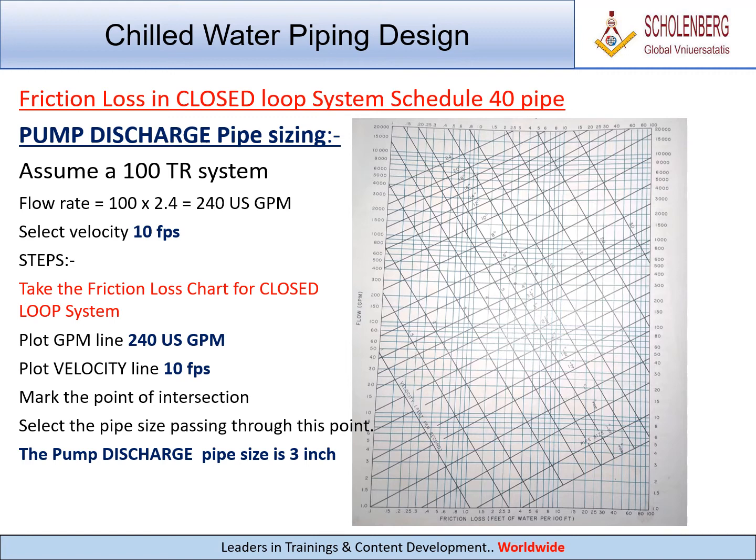Take the friction loss chart for closed loop system. Plot GPM line 240 US GPM. Plot velocity line 10 FPS. Mark the point of intersection. Select the pipe size passing through this point. The pump discharge pipe size is 3 inch.